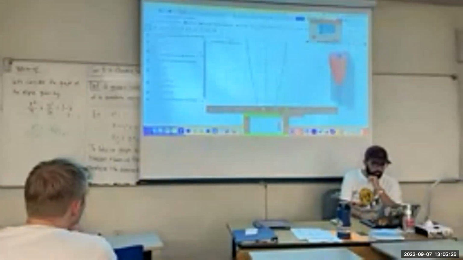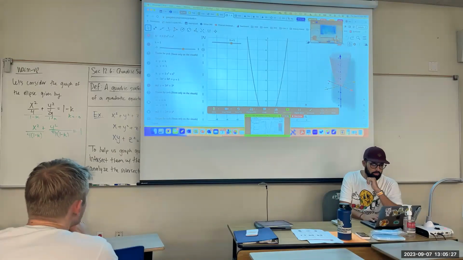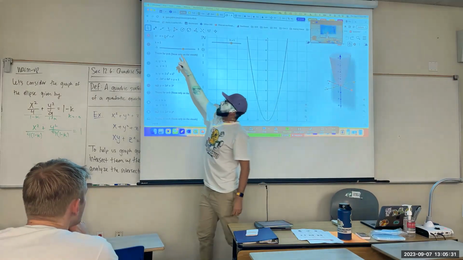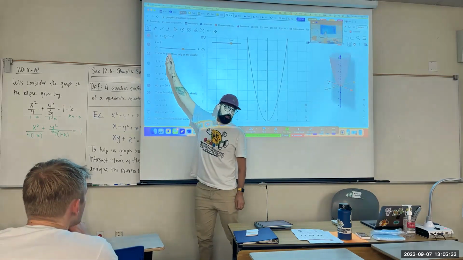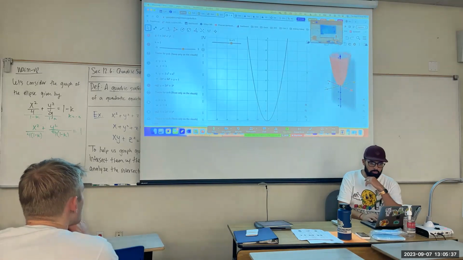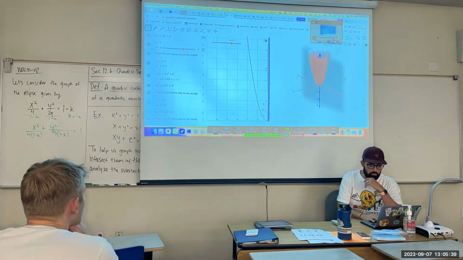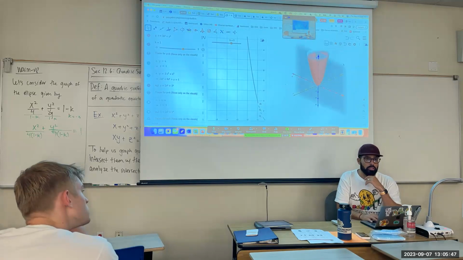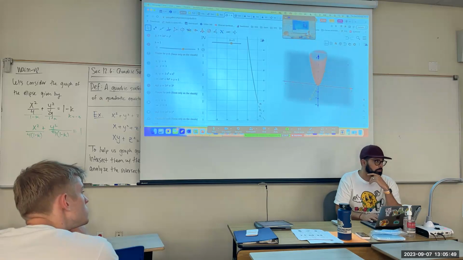You guys see this polynomial right here? z equals 2x squared plus y squared. That's a quadratic equation. The graph of it, which I'm showing you right now, turns out to be this kind of three-dimensional parabola called a paraboloid.